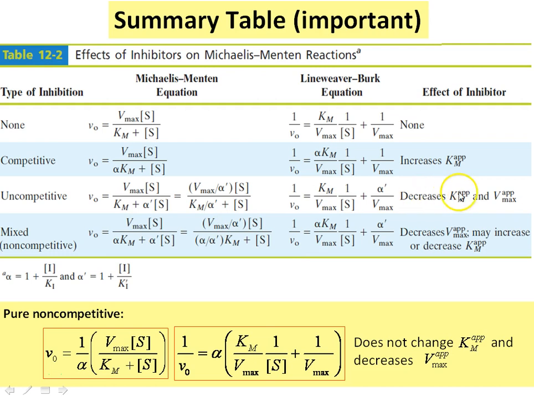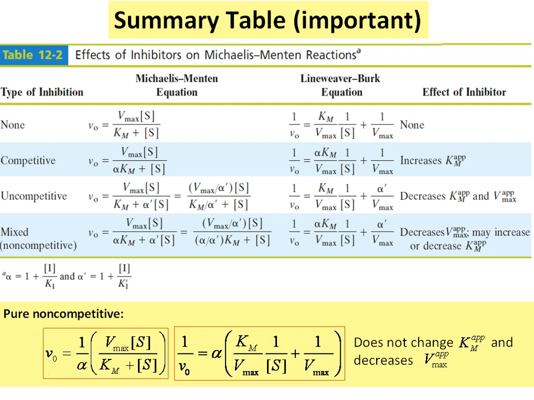In other words, it decreases both the apparent Michaelis constant and the apparent maximum velocity. So if you find a decrease in these two, it means that you have an uncompetitive inhibitor, for the very good reason that the slope, which is Km over Vmax, does not have alpha prime in it, and therefore all the lines are parallel in this mode of inhibition.